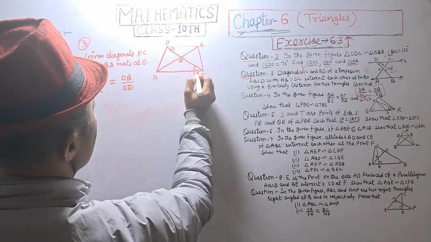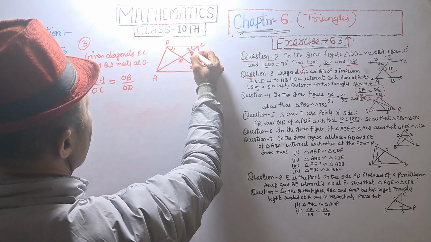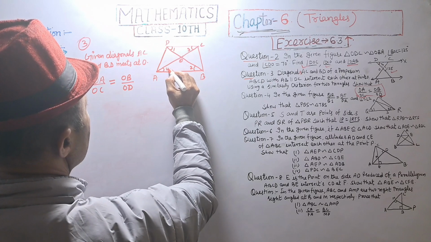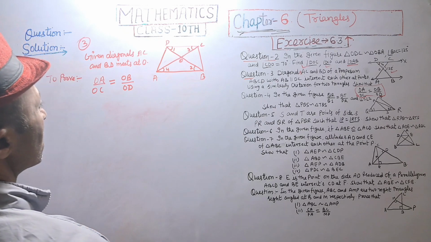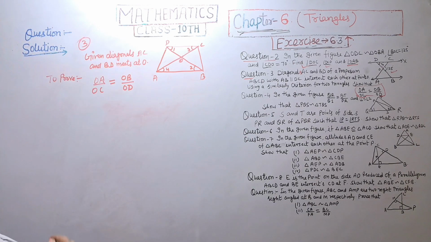Angle 1 is equal to angle 2. Angle 3 is equal to angle 4. Alternate angles. Proof.